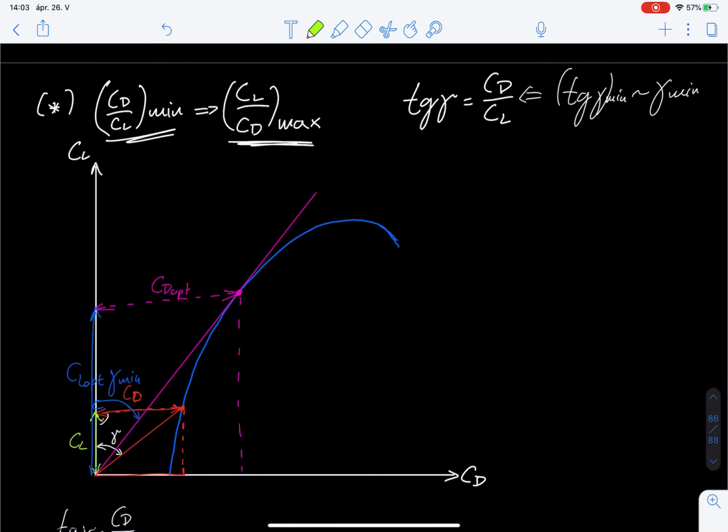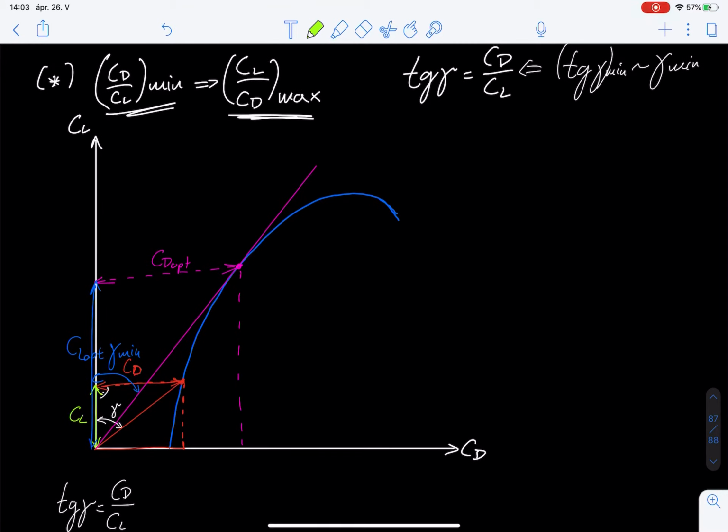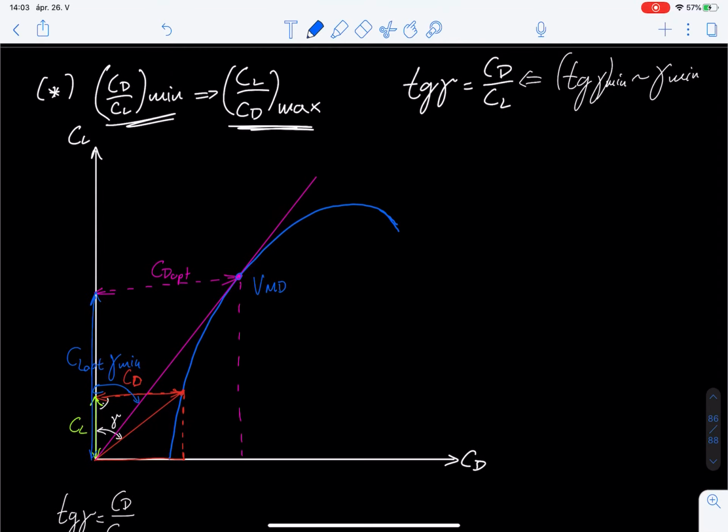So by this time you already know at what speed this best CL/CD ratio occurs, because at this point the drag coefficient over the lift coefficient is minimum, so therefore the lift coefficient over drag coefficient is maximum. So you should know that this point occurs at VMD, right?